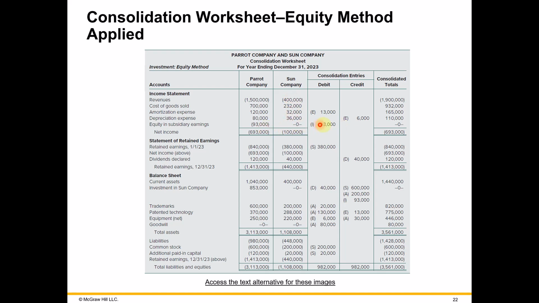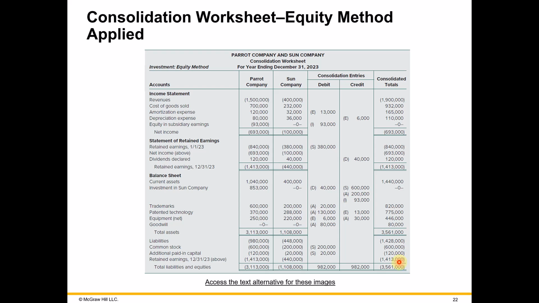We eliminate it here, but now it's included, built into the revenue and expenses in the consolidated totals. Let me also point out this equity section here. If you look at the parent's numbers, these three right here, those three are the same on the consolidated group. And if not, something's wrong.